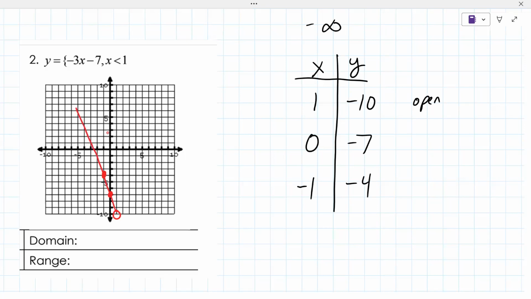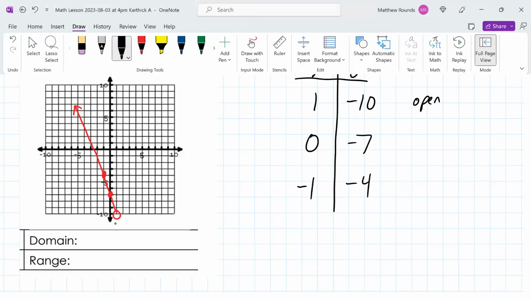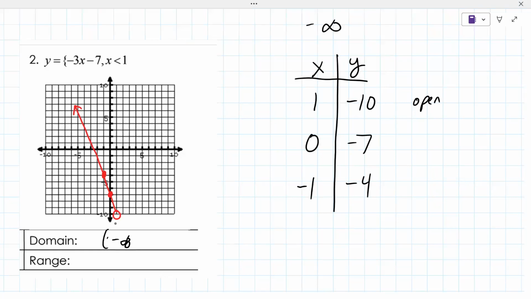So this looks something like that. Make sure you get that arrow there. Then for the domain, I got parentheses negative infinity, comma 1 parentheses. Okay, negative infinity, comma 1, good.